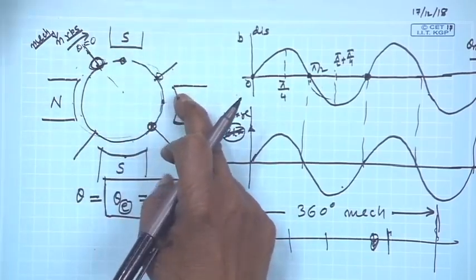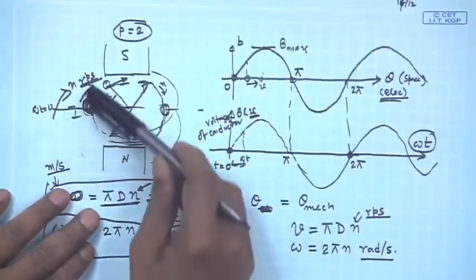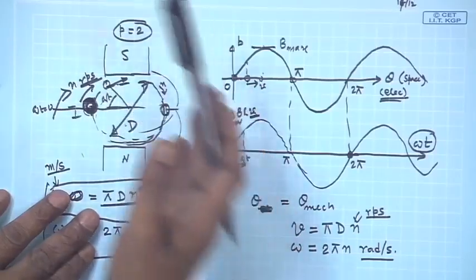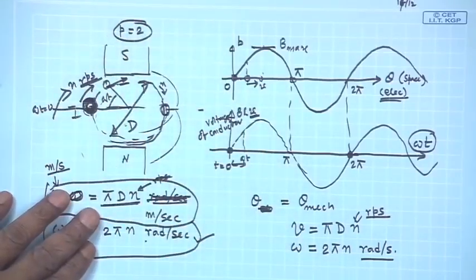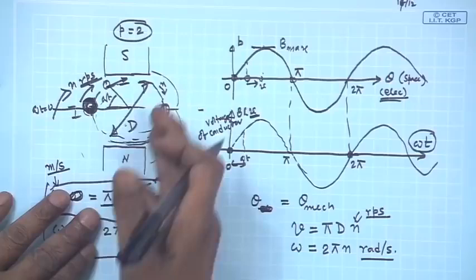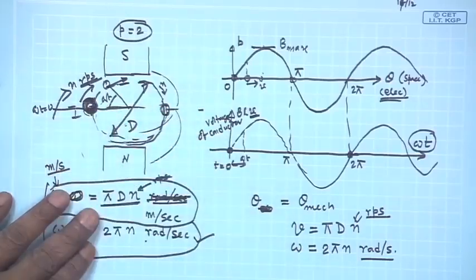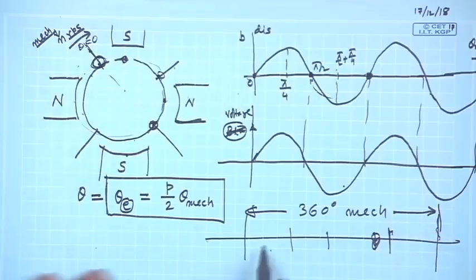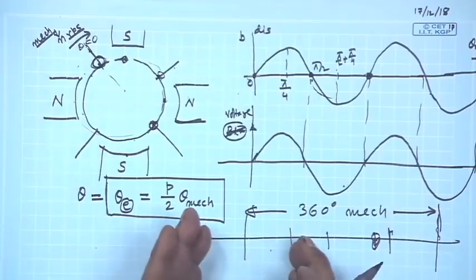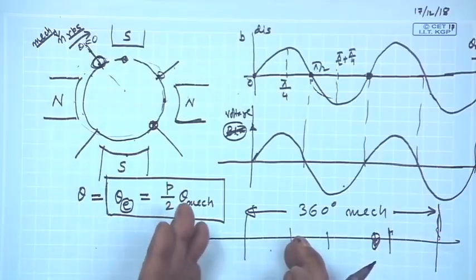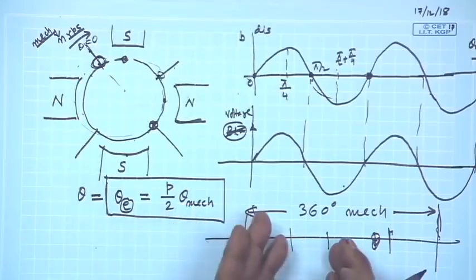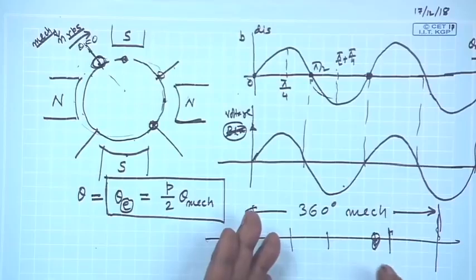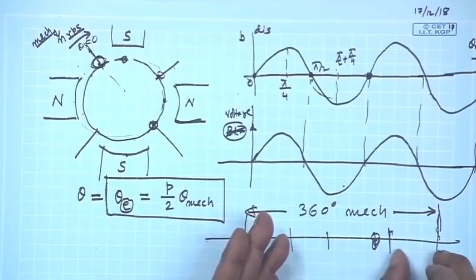In 2 pole, it was not like that, only 360-degree mechanical, 180 was consumed by south pole, another 180-degree was used by north pole. But here in 360-degree, 90-degree mechanical angle was under the influence of south pole, next 90-degree under the influence of north pole, then another south pole, another north pole.